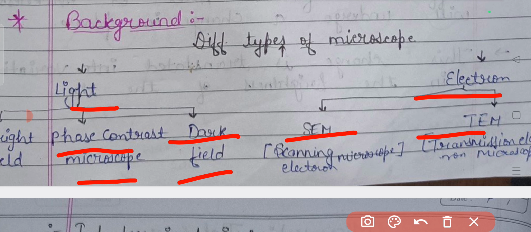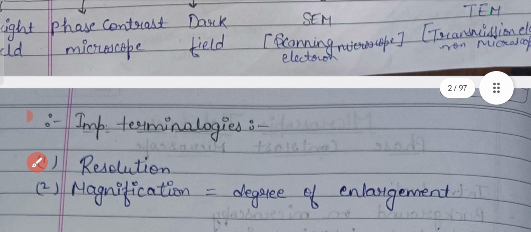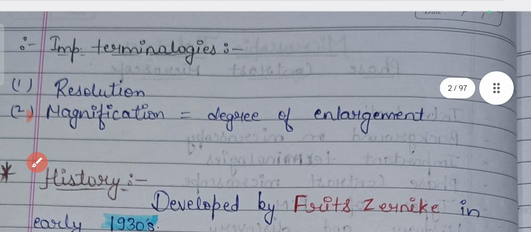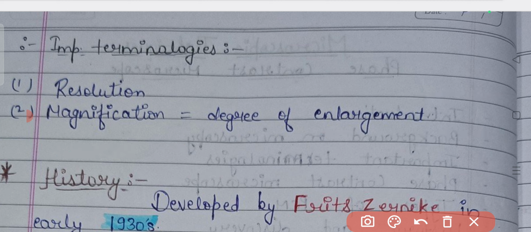So starting with the types of microscope, first we have to focus upon the important terminologies related to the microscope. In the case of terminologies, first we have the topic of resolution. What is the resolving power of the microscope basically?